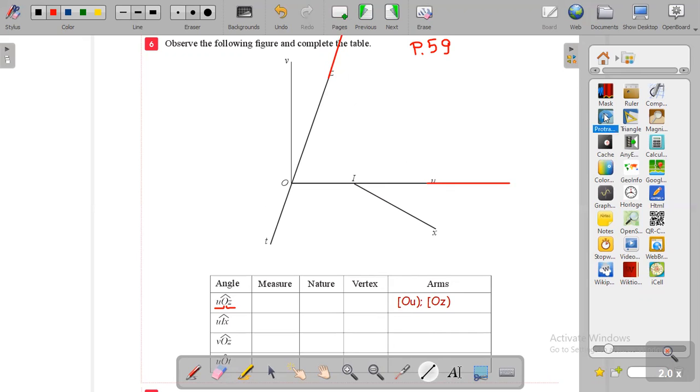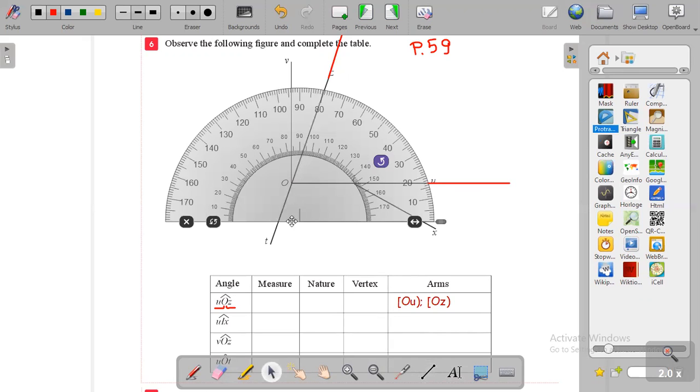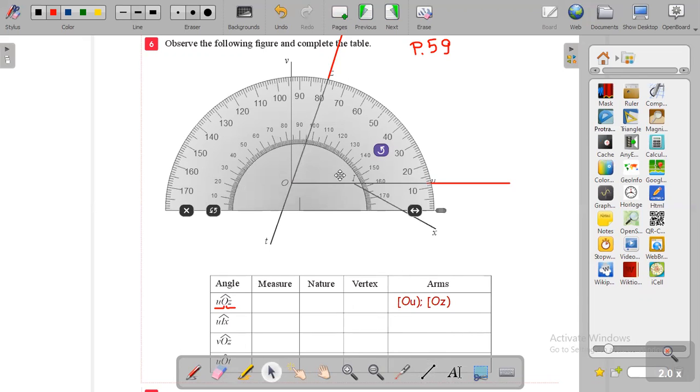Then we take a protractor. We put it on one arm. Let's put it on OU, for example.